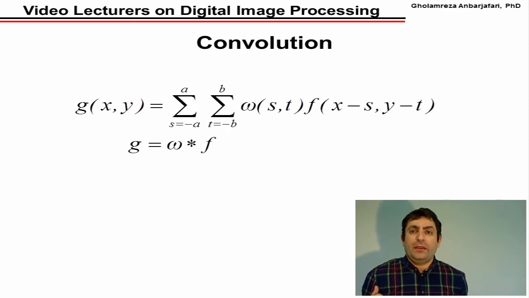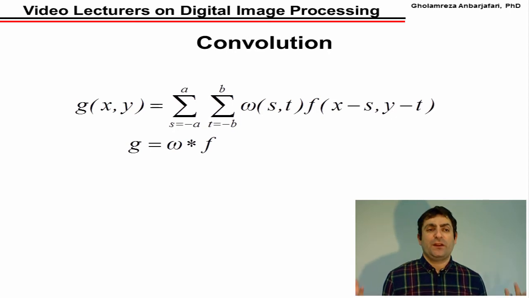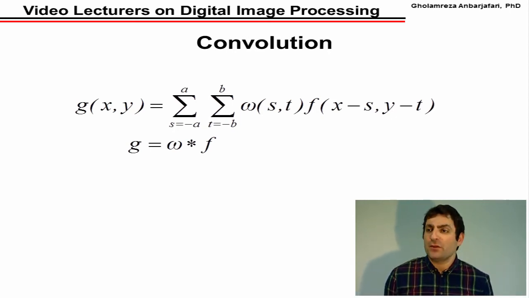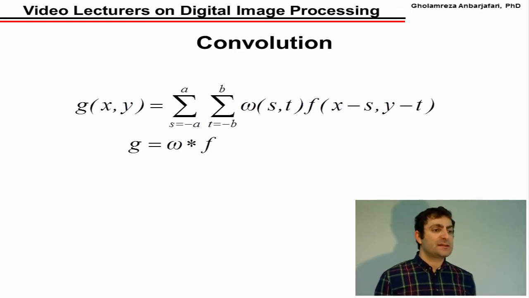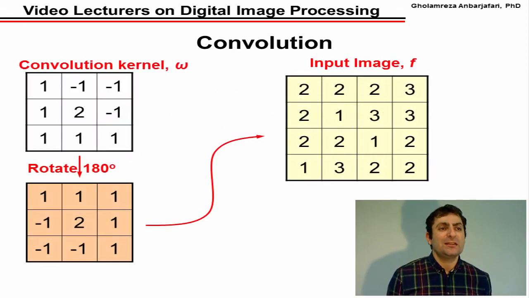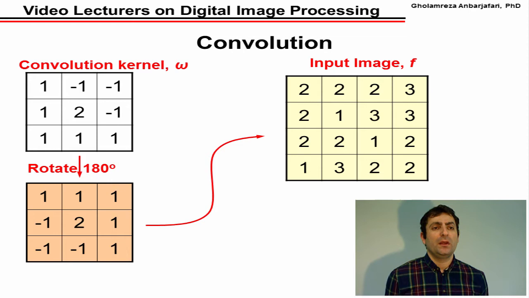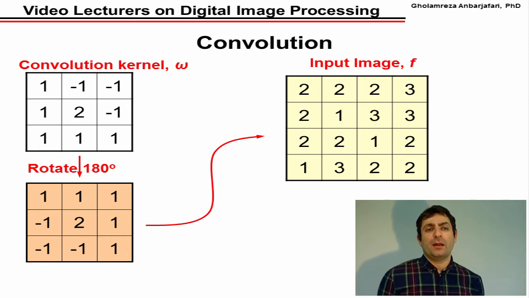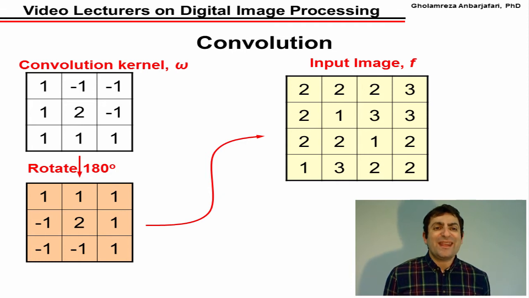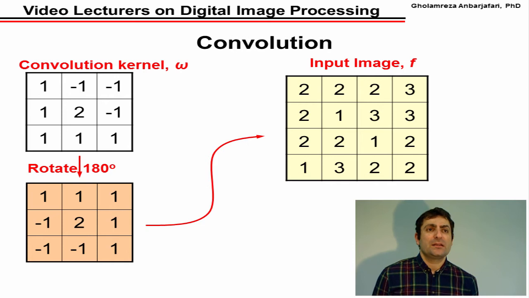So here in these slides you can see the general definition or formula of the convolution. And the notation that we use for convolution is a star, as you may remember from the signal processing courses that you have taken before. Now consider a 3x3 neighborhood. Given a convolution kernel or mask W, you need to rotate the mask by 180 degrees.